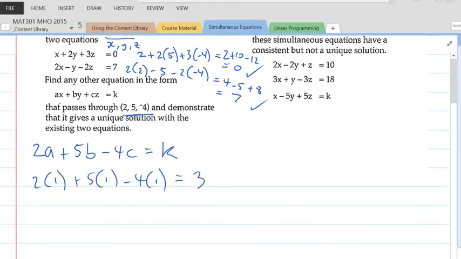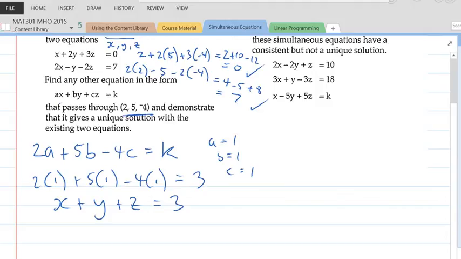So that means I could make a equal to 1, b equals 1, c equals 1. So I'd get 1x plus 1y plus 1z is going to be equal to 3.